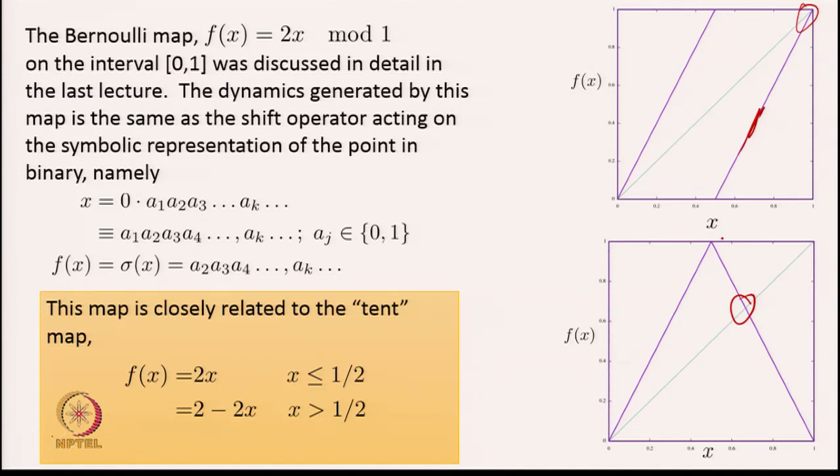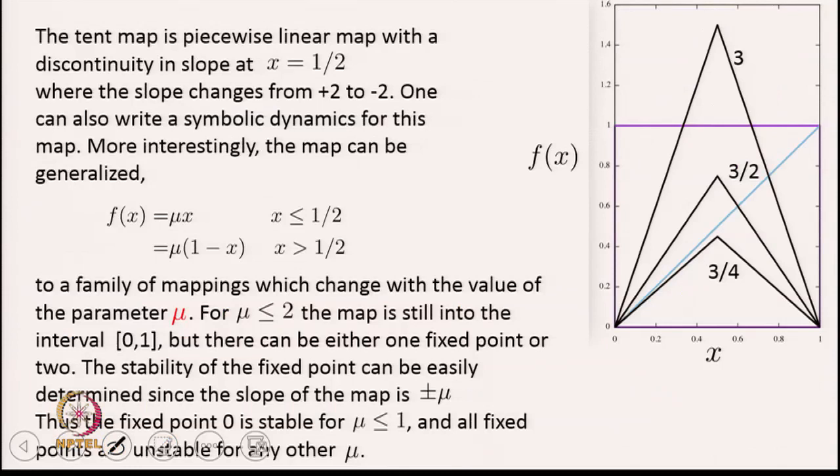So, here the slope was 2, here the slope is minus 2, but the modulus of the slope is the same. Now, if instead of the map as written in the previous slide, I change it to f of x is mu times x for x less than a half, and it is mu into 1 minus x for x bigger than a half, then I get a one parameter family of maps.